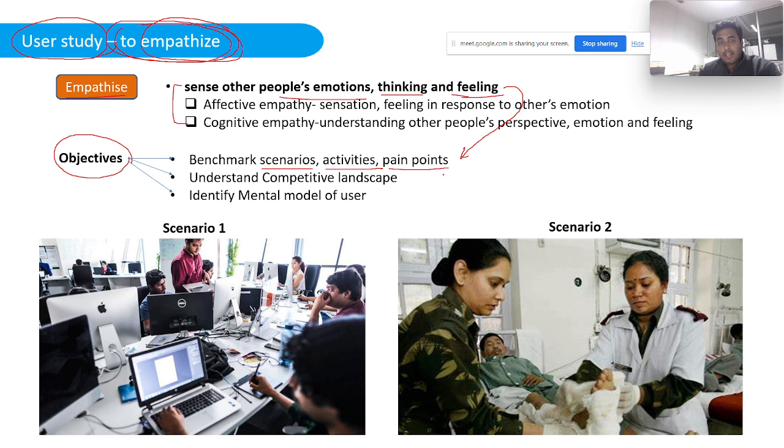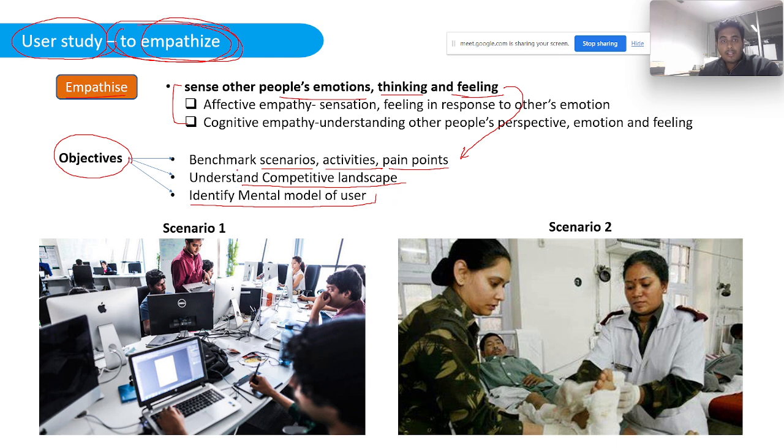Also, you try to figure out what sort of solutions the user or stakeholders are currently used to, and what are the issues with the competition or competitive products that you can actually solve. And you also try to identify what is the ideal solution for a user or a stakeholder.